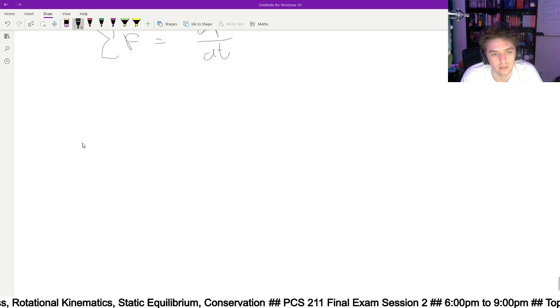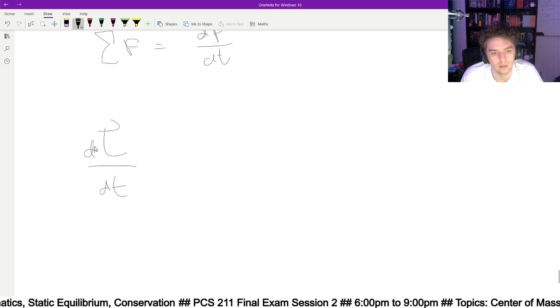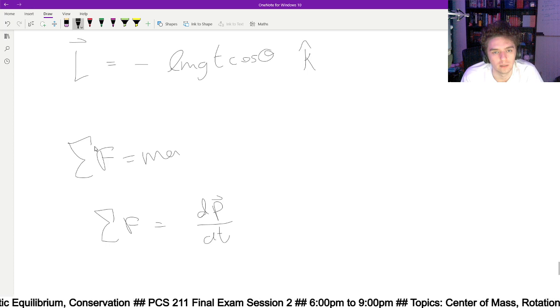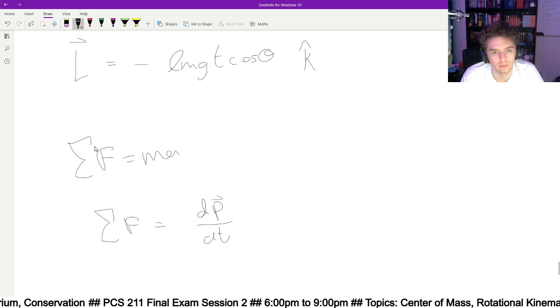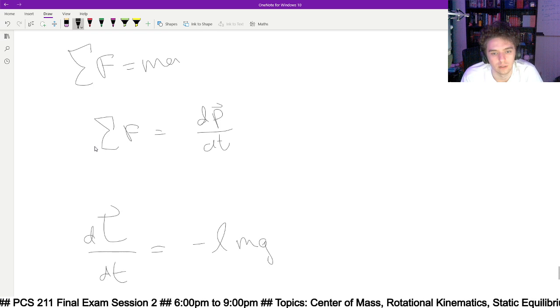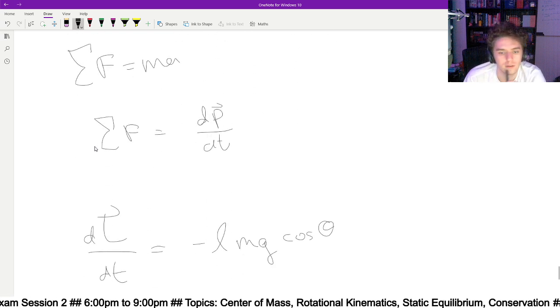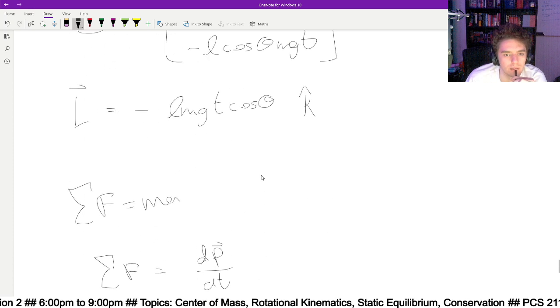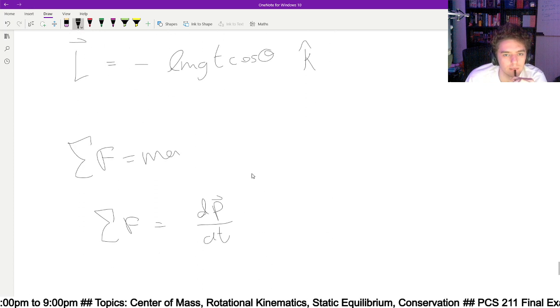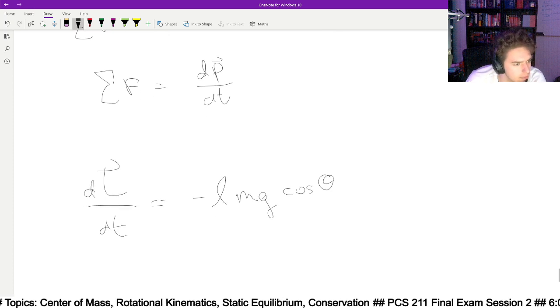Yeah, you're right. So dL by dt would just be, move the 1 down, that's a 0, so it would just be negative L mg cos theta. The t goes away, that makes sense. Okay, is that the answer? For number 15, I don't have the answer.